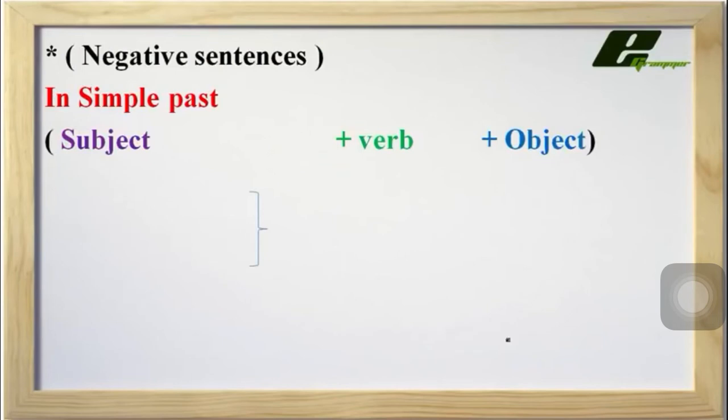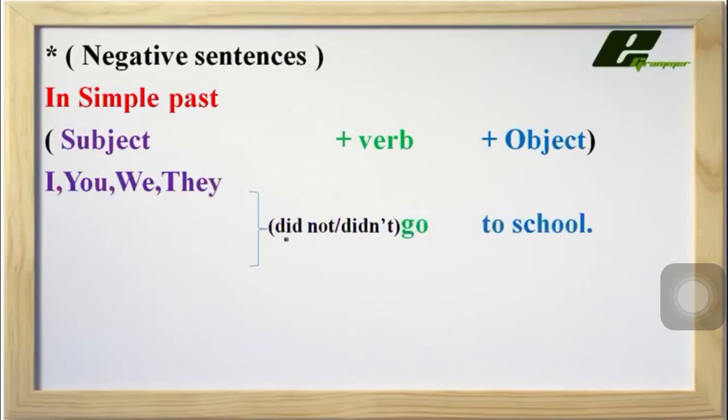What I have done here, I have written the same formula of simple past tense. Have I written the same formula? No. So what's wrong in that? Subject plus verb plus object. But what our formula tells us is subject plus verb two plus object. But I did not write verb two here. Why? Because I'm going to use did here.